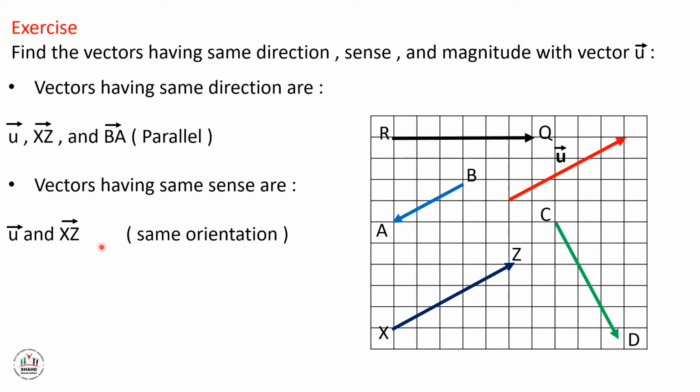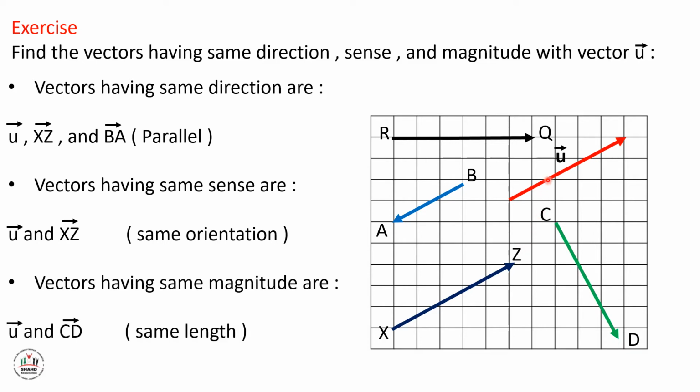Vectors having same sense are U and X, Z. You see, the vector U directed from left to right, and the vector X, Z also directed or oriented from left to right, and both upward.